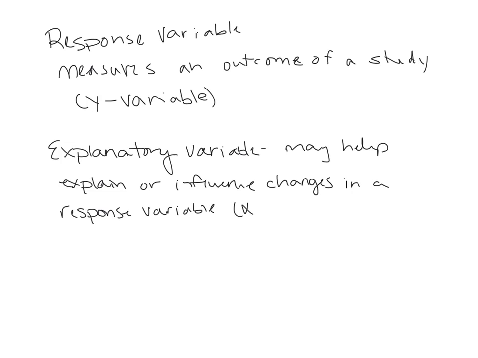It goes on the x-axis. You can kind of think of that because explanatory has an x in it, so that's one good way to remember that explanatory goes on the x-axis.